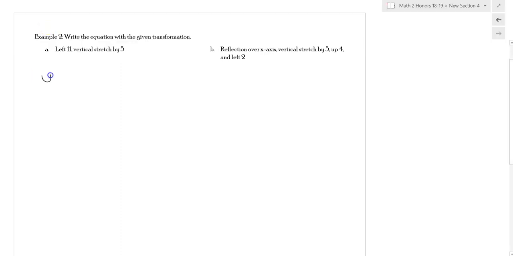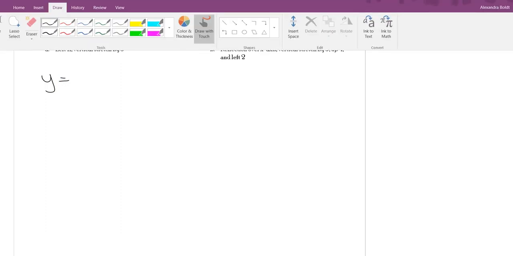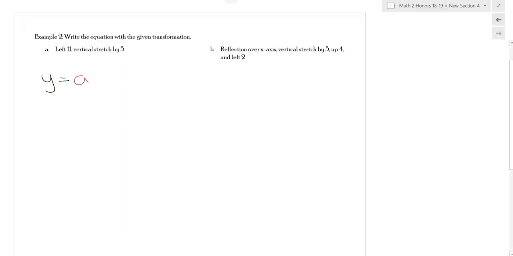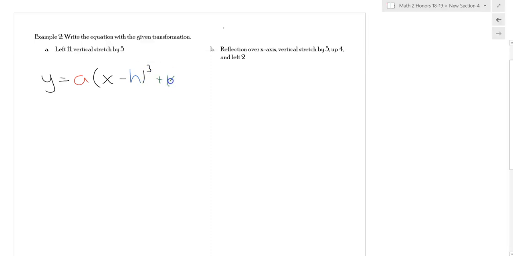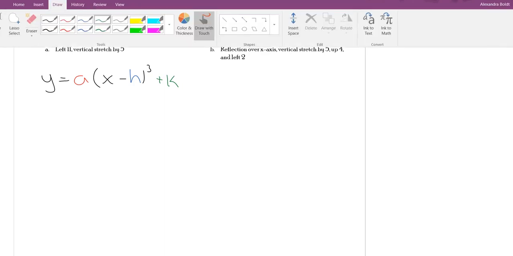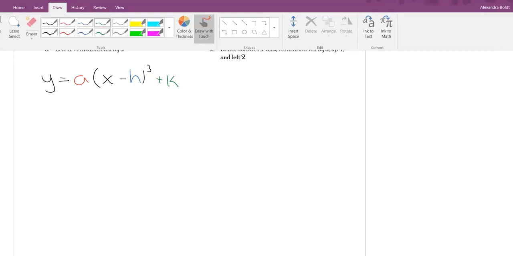So, again, y equals a times x minus h, cubed, plus k. Each of these tells us something else.